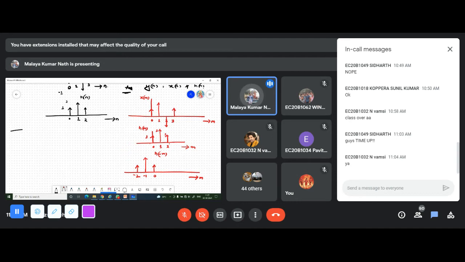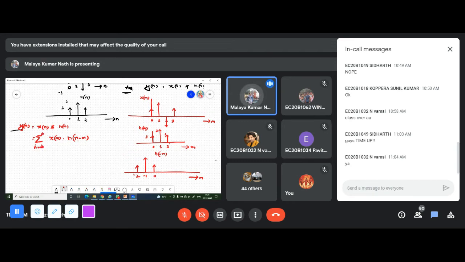Then what you have to do is multiply the overlapping regions. Now look at your formula. Your formula says y of n equals the convolution of x of n with h of n. So I can write the summation of x of m into h of n minus m, for m from minus infinity to infinity.